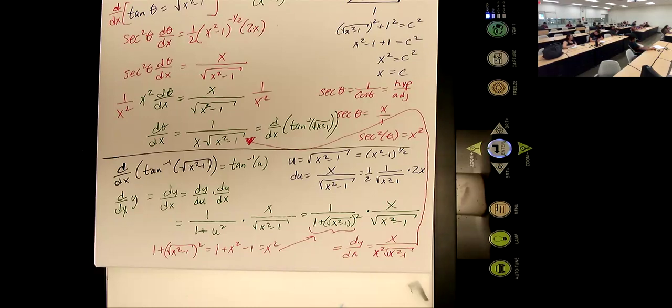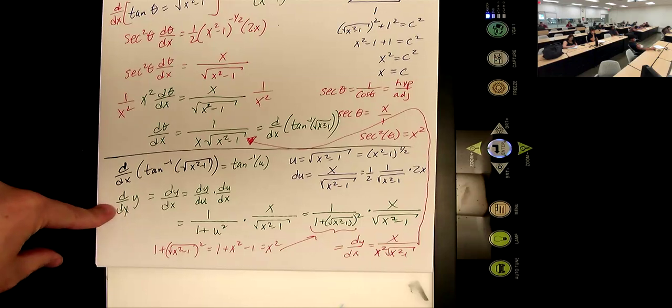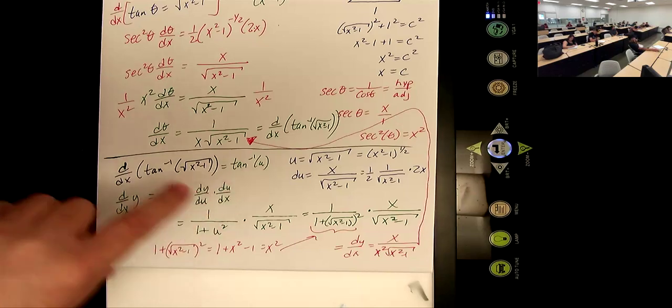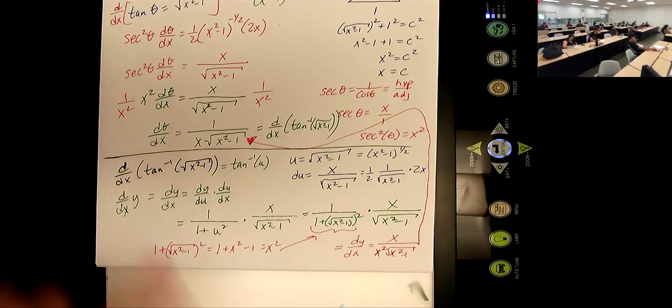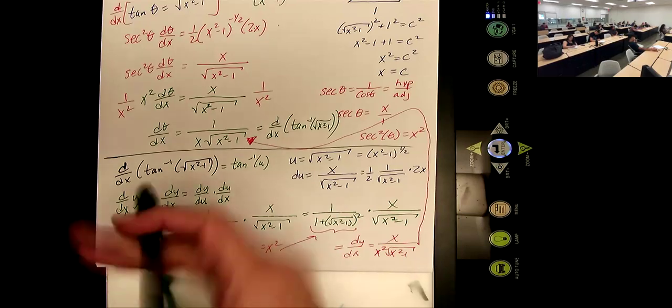On that top part, why did you use dy dx? Is it just because we started with the y at the top? Or where did that come from? I could have used theta. Maybe I should have used theta. Let's use theta.